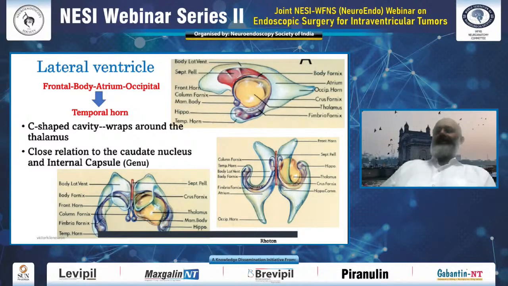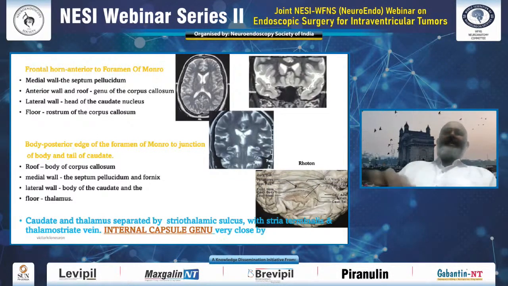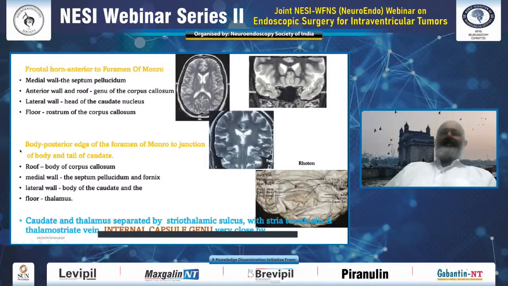The parts of the lateral ventricle: you have the frontal horn, which is the part anterior to the foramen of Monro. Then you have the body, which begins at the posterior edge of the foramen of Monro and goes back to the junction of the body and tail of the caudate nucleus.